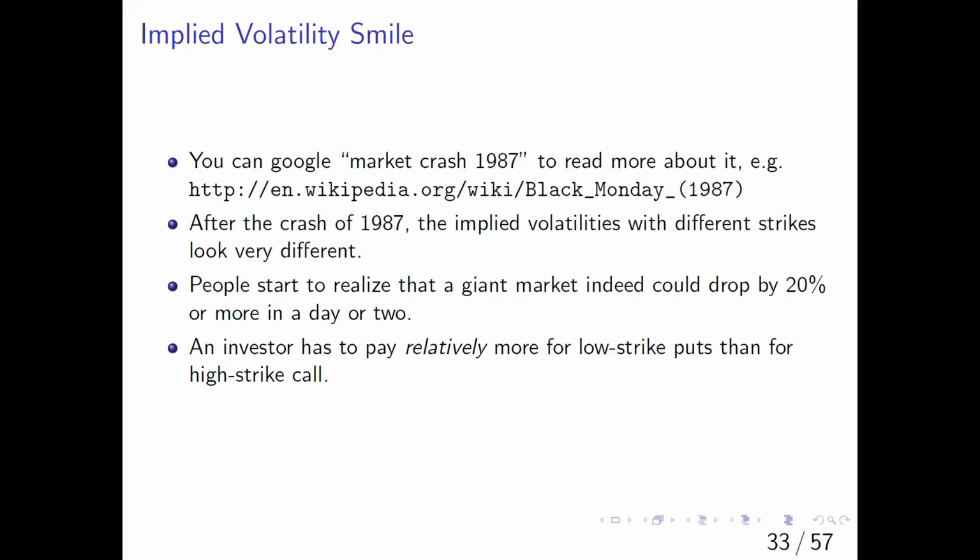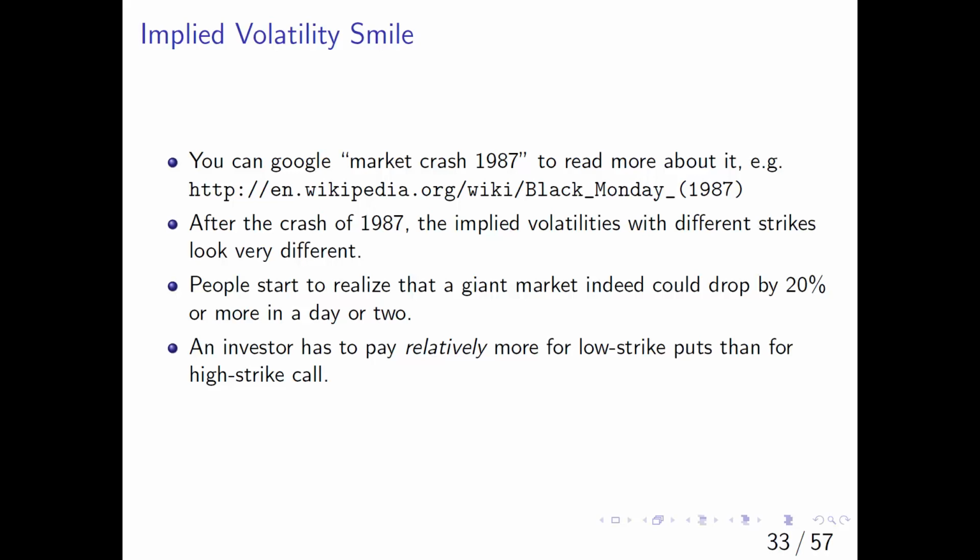Because deep out-of-money puts were originally really, really cheap, now everybody wants to buy insurance by taking long positions on them. They push up the deep out-of-money put prices relatively speaking.